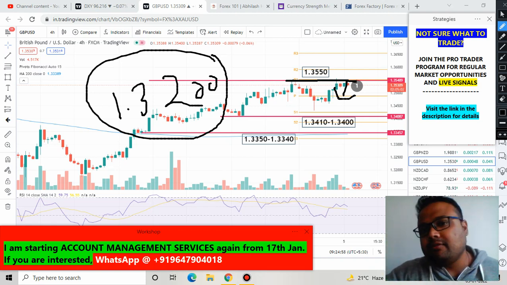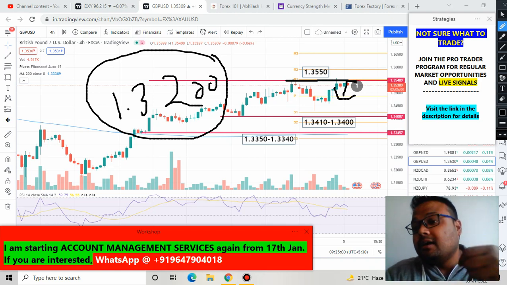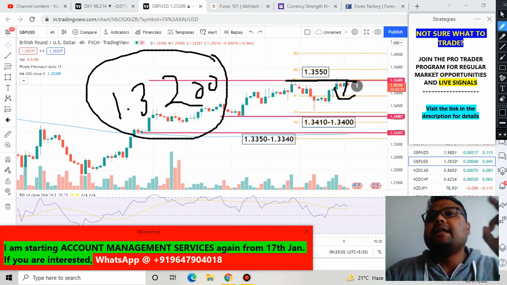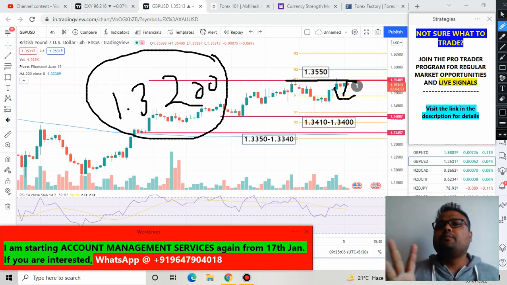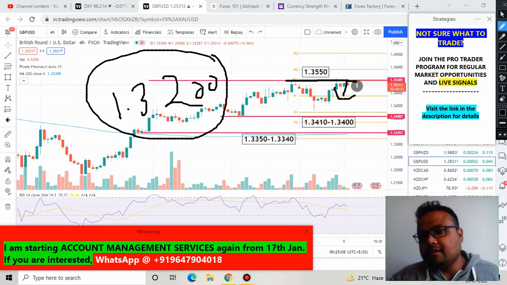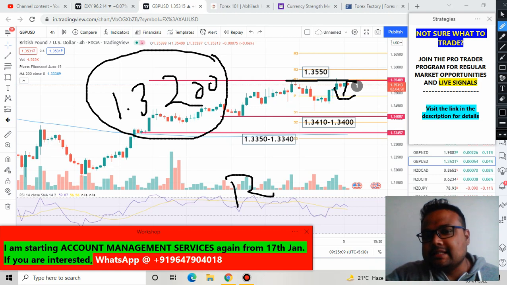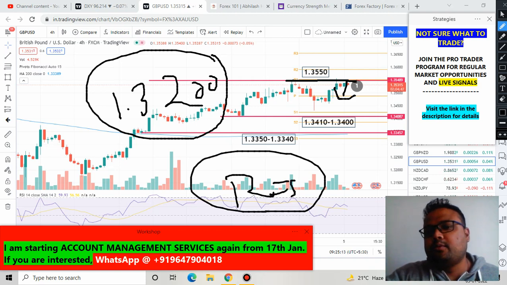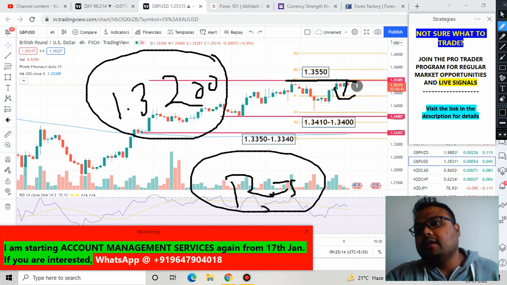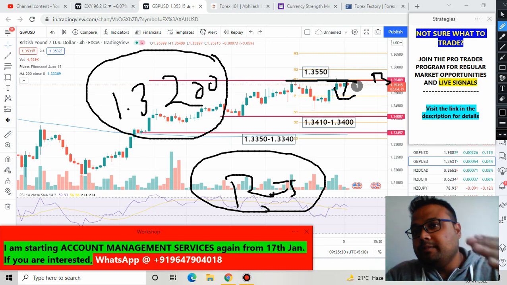If you see that after 3 to 4 hours the market is trading comfortably above this level, then you get the confirmation that this is a good breakout, the resistance has become the new support, and then you can take a buy. This will not be the resistance again, this will be the new support.